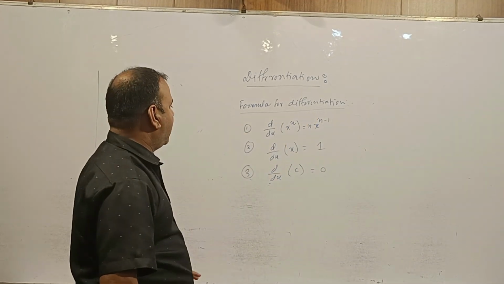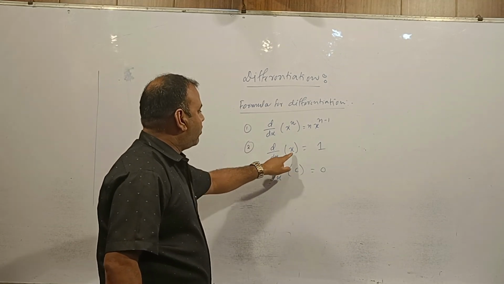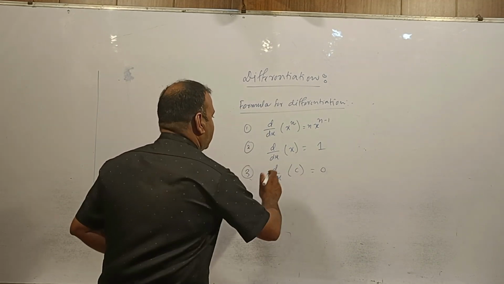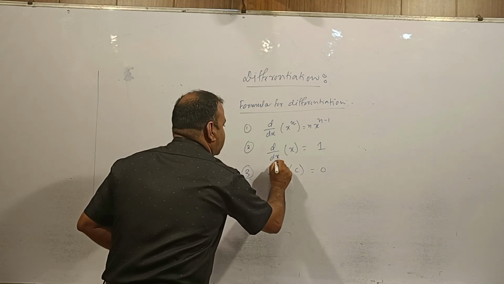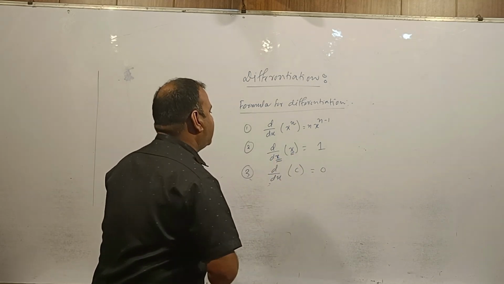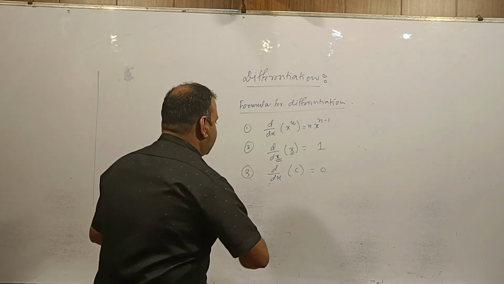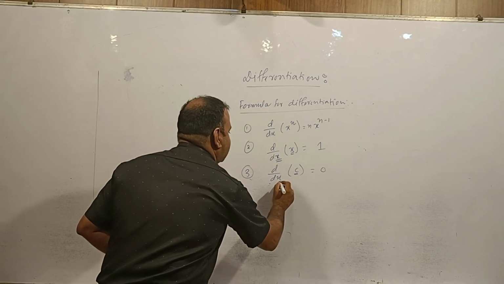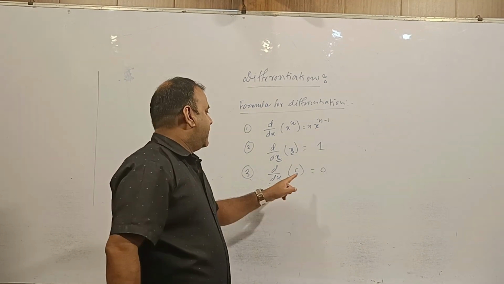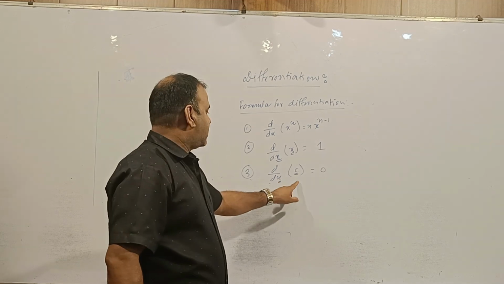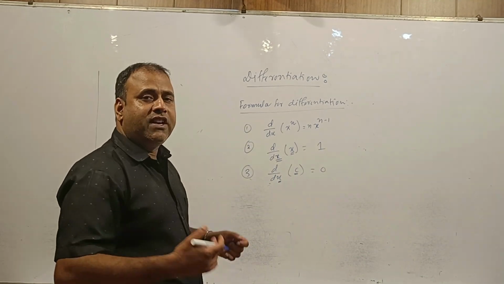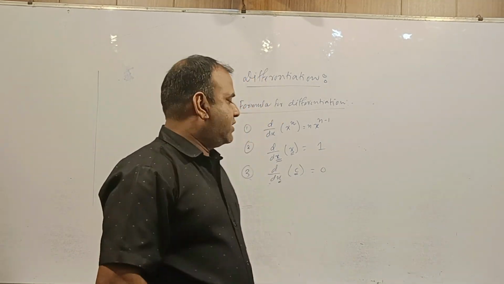This is a formula. d/dx of x, it will be 1. Remember this is x, a similar variable, that is why the value is 1. But in this case, dissimilar variables, that is why 0. Here a constant term is given, so a constant is always 0. So the differentiation of a constant term will be 0.